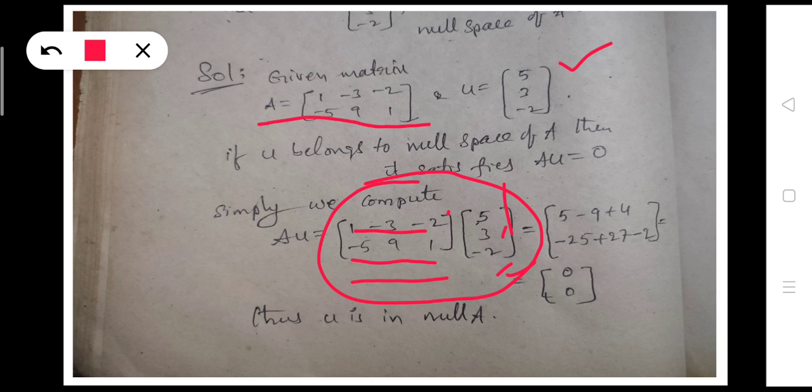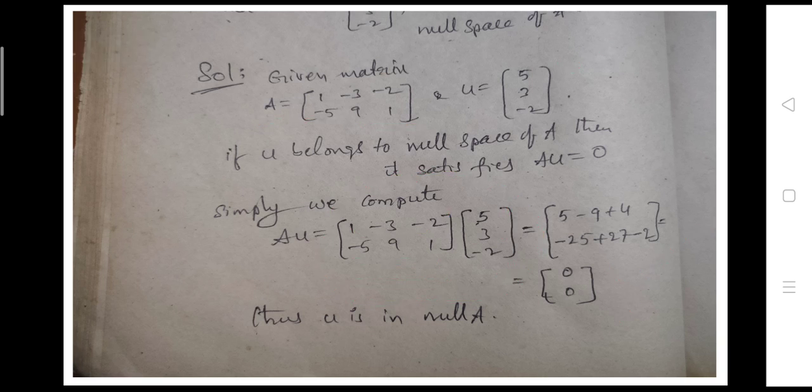The second row: minus 5 times 5 is minus 25, 9 times 3 is plus 27, 1 times minus 2 is minus 2. Simplifying, we get 0. That means the product Au becomes 0, which means u is in Null A. Thus u is in Null A.